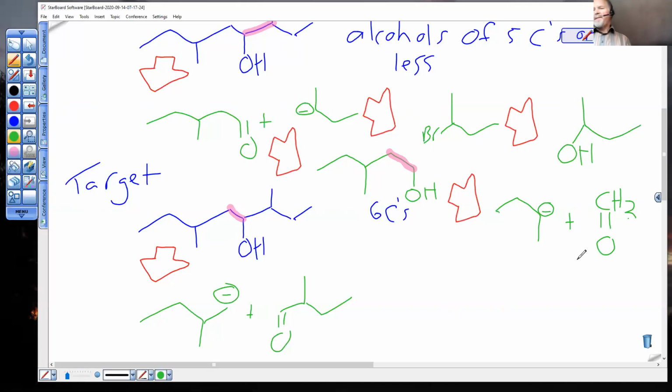And these 2 pieces come from this, from an alcohol with 1 carbon, which is fine. It's on my list.